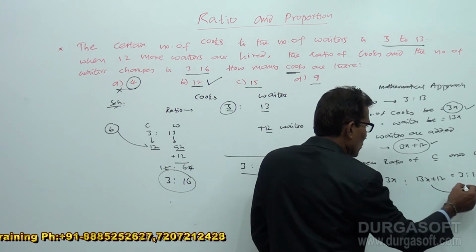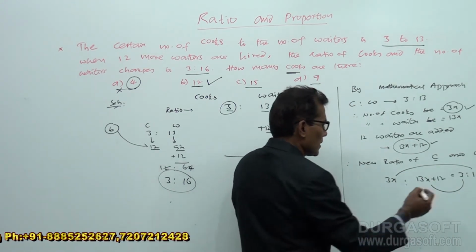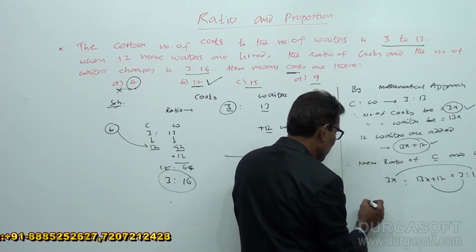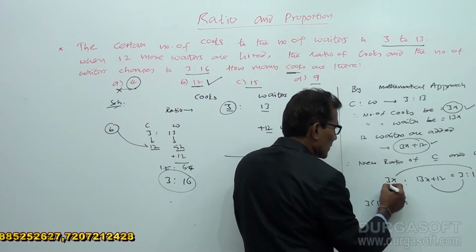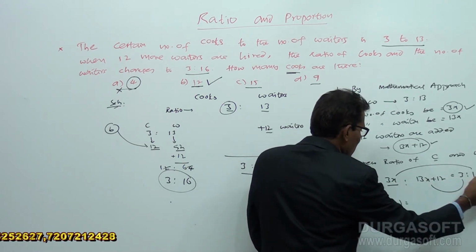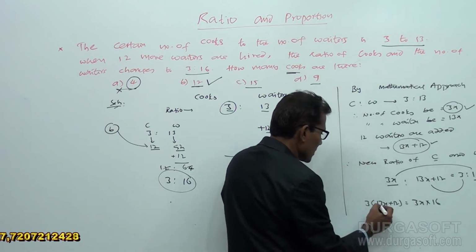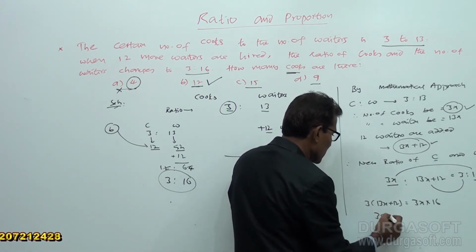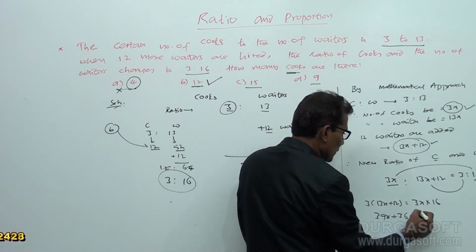We know the rule: product of means is equal to product of extremes. So that is 3 into (13x plus 12), which is equal to 3x into 16. 13 threes are 39x, plus 12 into 3 is 36, equal to 48x.